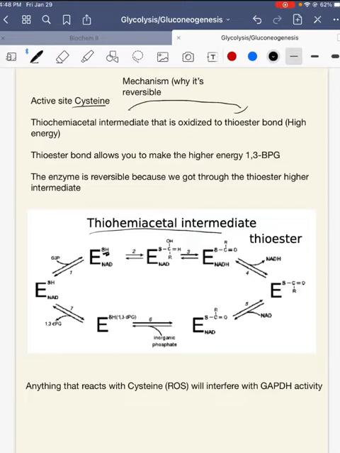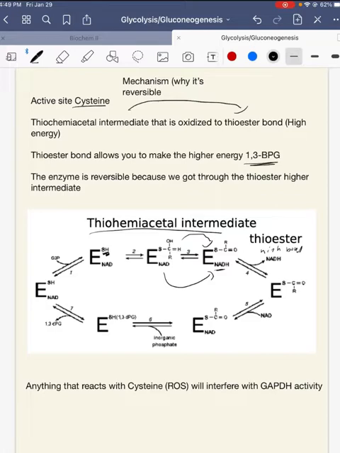So we go from the hemiacetal intermediate to the thioester bond. The NAD is reduced, and we make our electron carrier NADH, and we also generate this thioester high energy bond. This is the same bond that pyruvate dehydrogenase complex uses. This bond eventually transfers the energy that it has to 1,3-BPG.